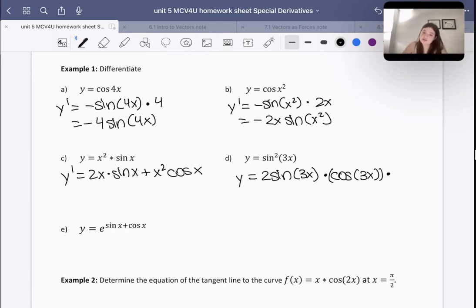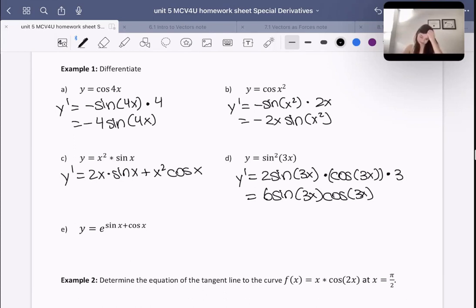What's the derivative of what's inside the 3x brackets? Well, that's going to be 3. So our answer in total, I should have put y prime, is 6 sine 3x cosine 3x. That example was interesting because we had to chain twice.